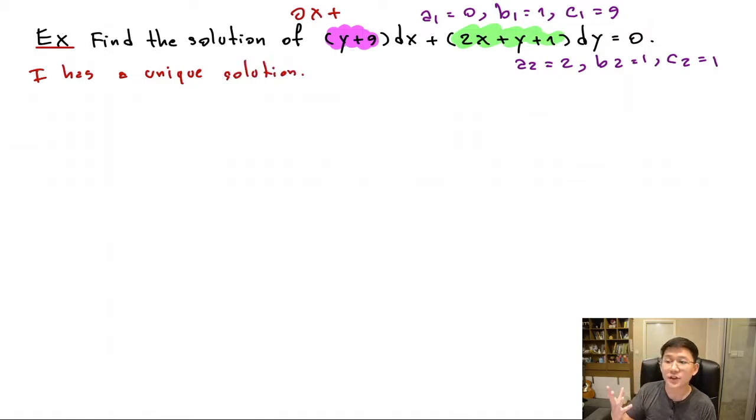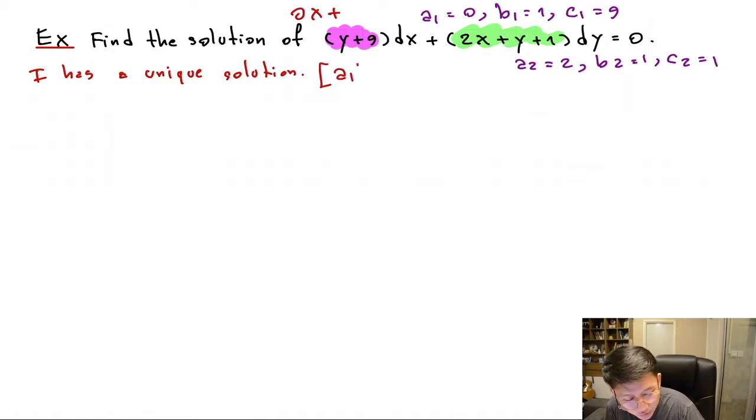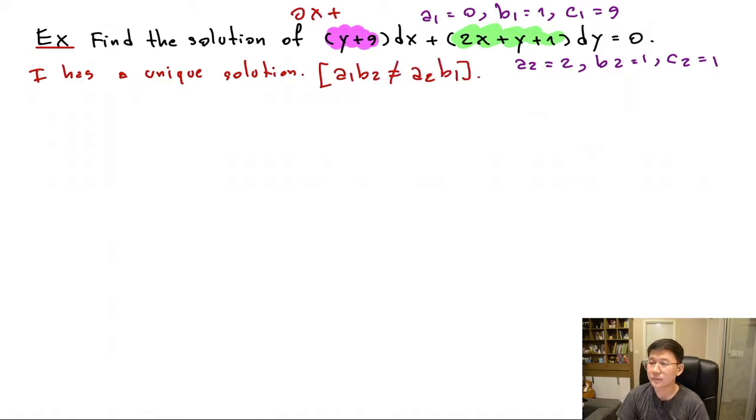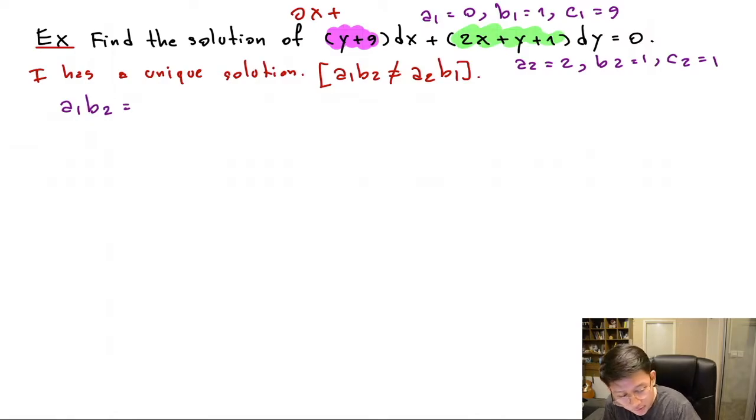It's the same as asking whether or not a1 b2 is not the same as a2 b1. a1 b2 is 0 times 1, which is 0, and a2 b1 is 2 times 1, which is 2.